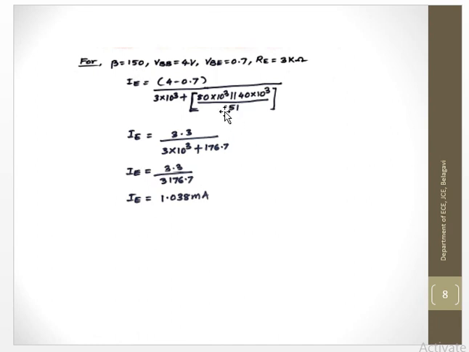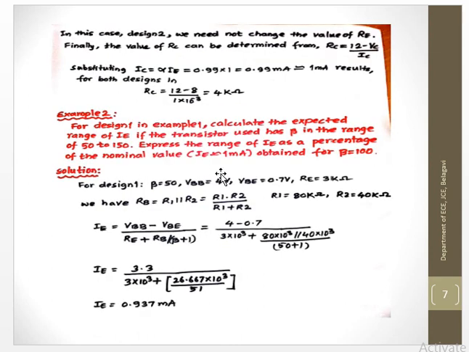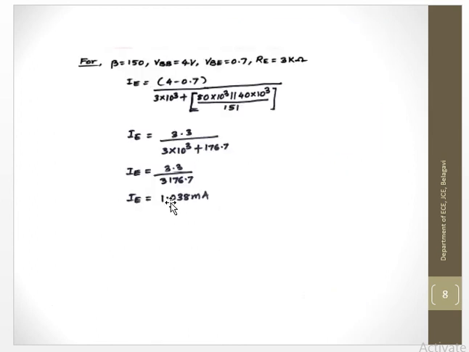As beta is increased, beta plus 1 is 151, and in this ratio the IE value is approximately 1.038 milliampere. So the current is varying from 0.937 milliampere to 1.038 milliampere as beta varies from 50 to 150. We have calculated this for design 1, where the R1 and R2 values we assumed are 80 kilo ohm and 40 kilo ohm.